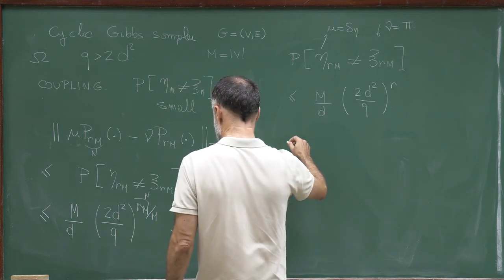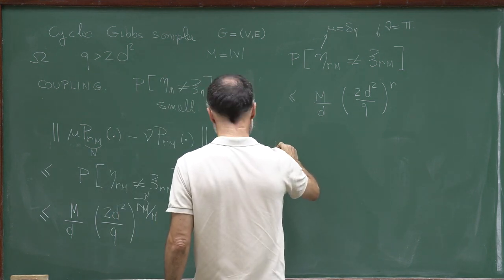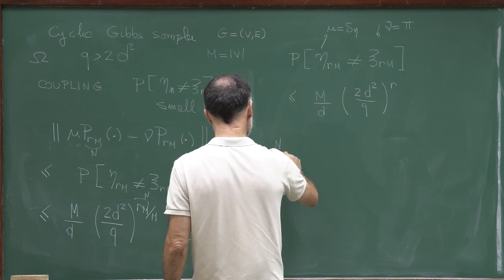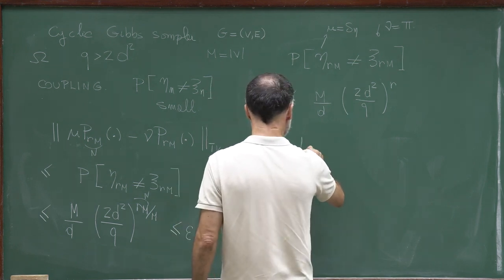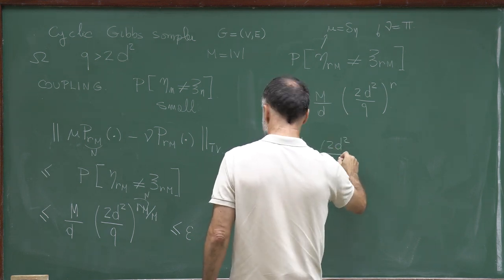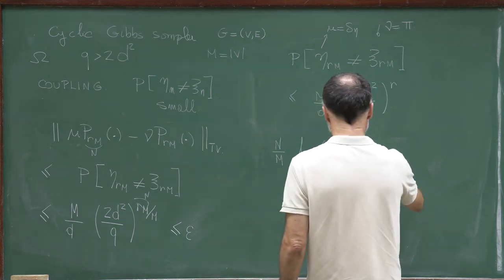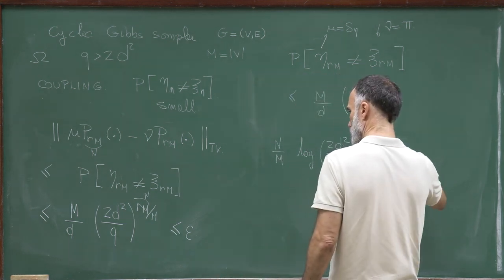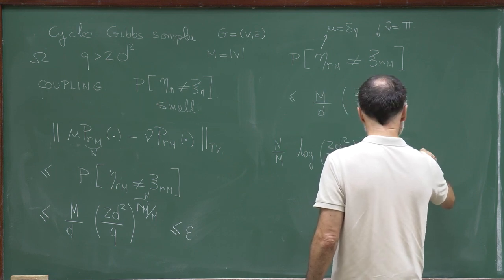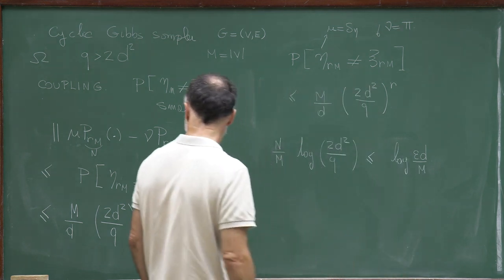So let me take the log: n divided by m, log of 2d squared divided by q, has to be less or equal than the log of epsilon over d, divided by m.